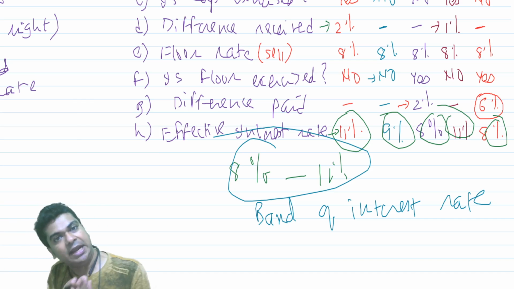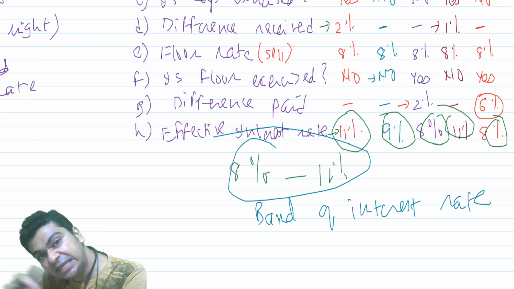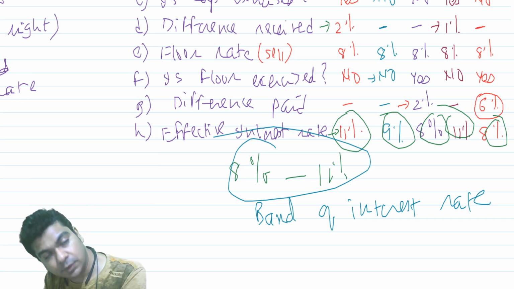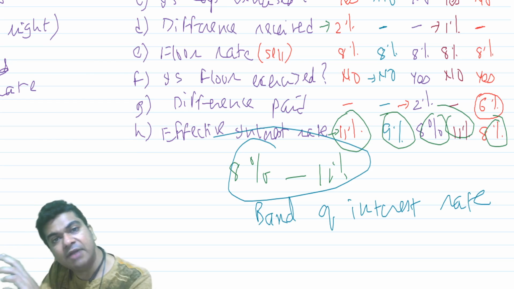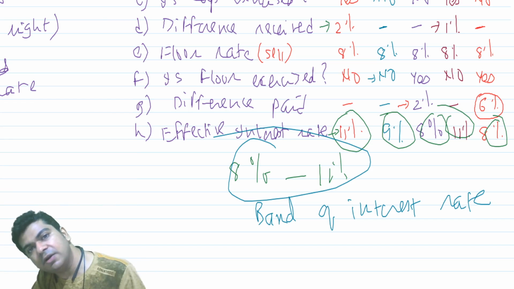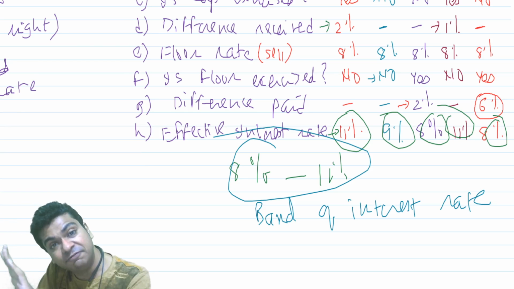Now, someone can counter argue that if you want to protect yourself from rising interest rates, then simply buying a cap is quite sufficient. Even a cap is doing the same thing. For example, I buy a cap at 11% and the interest rate turns out to be 12, or 13, or 15.